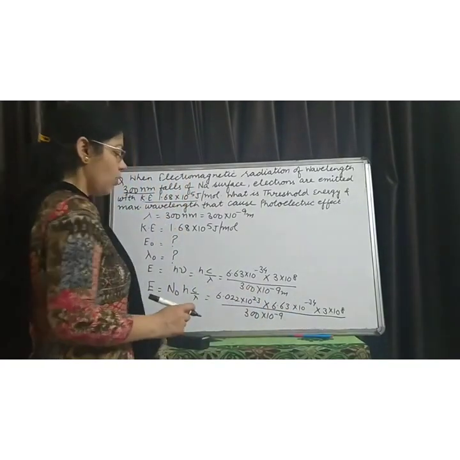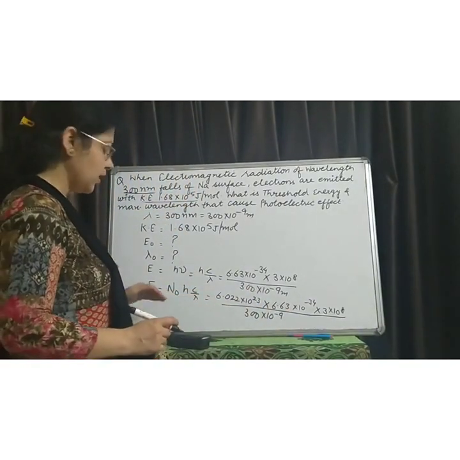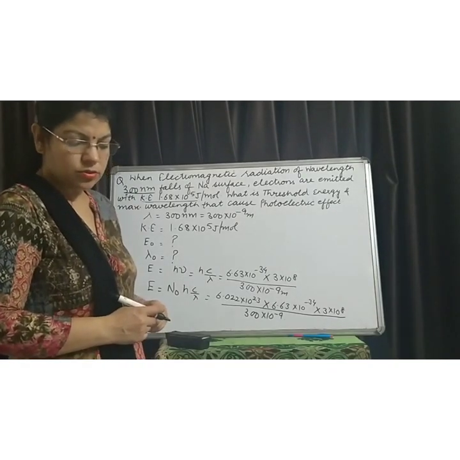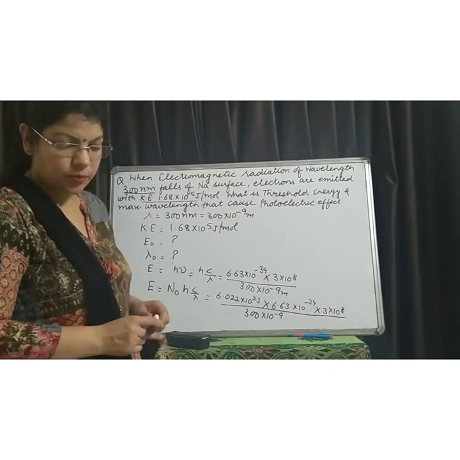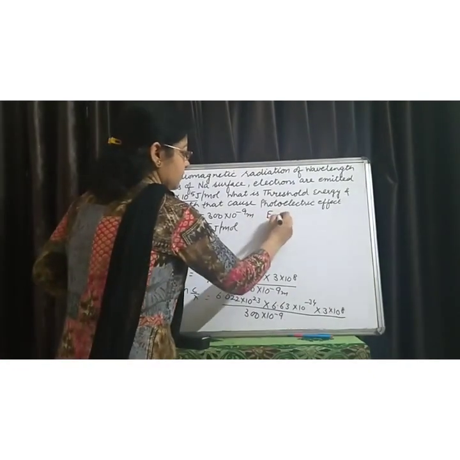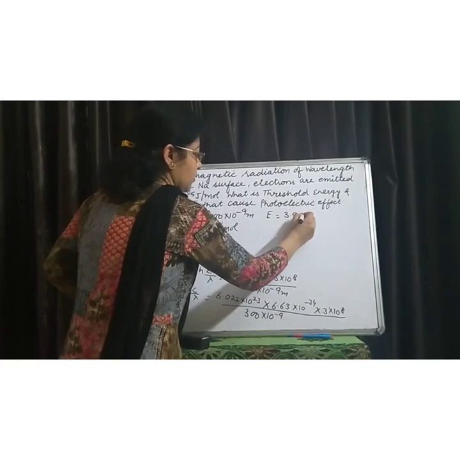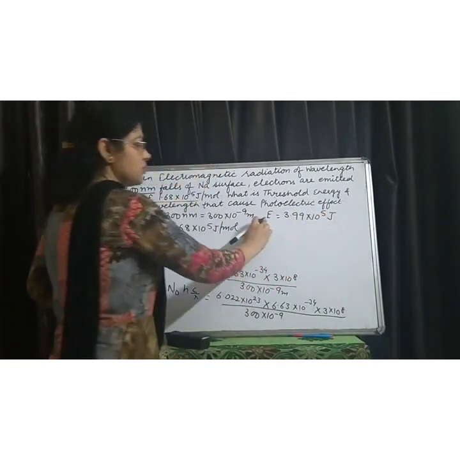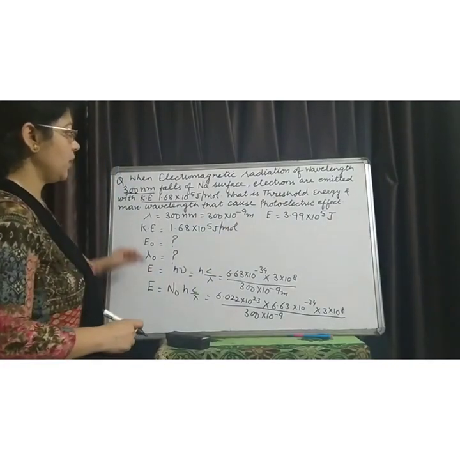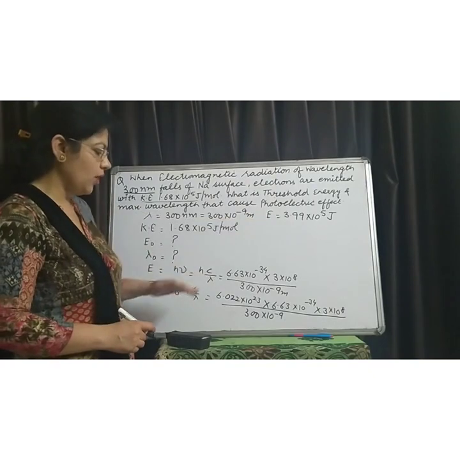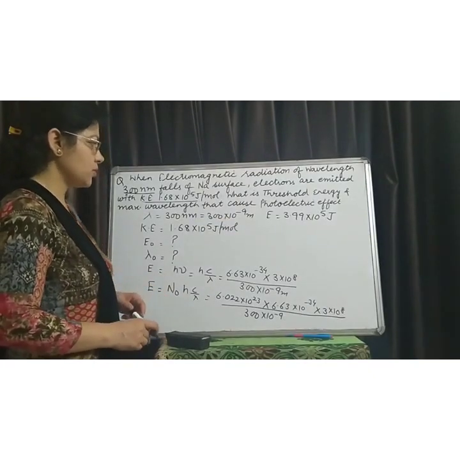When you solve all these, you get the total energy of the photons, that is 3.99 into 10 raised to power 5 joule. This is the total energy of the radiations. Total energy means energy of 1 mole of photons.